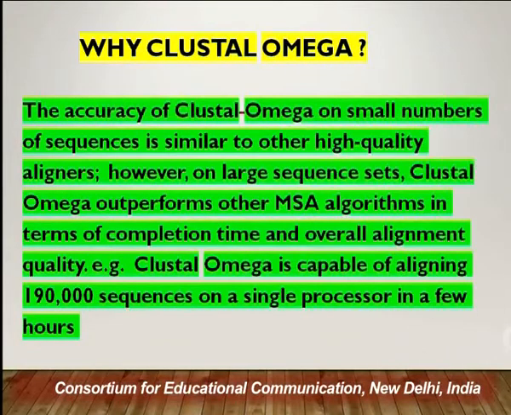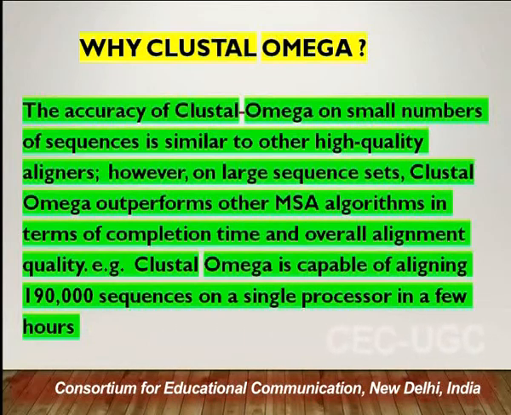But Clustal Omega has become superior over Clustal W. Why? Because the computer time required by it is much shorter than Clustal W, and it gives you a high quality alignment. Because of this high quality alignment, and because it does it very quickly, it is gradually becoming very popular.